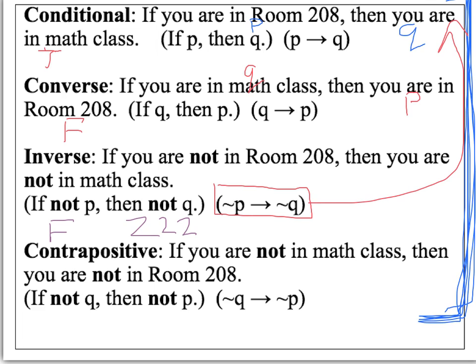And contrapositive is saying if not Q, then not P. When you're dealing with these three statements, you always have to have your first conditional statement to go off of, to base off the sentence. So this is saying if not in math class, then you are not in room 208. I would say that is true, because if you're not in a math class, then there's no way you would be in room 208 for a class, because that is a math room.